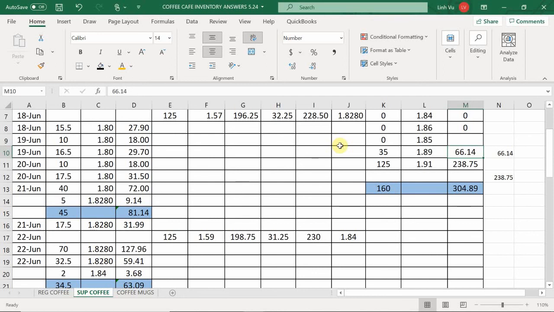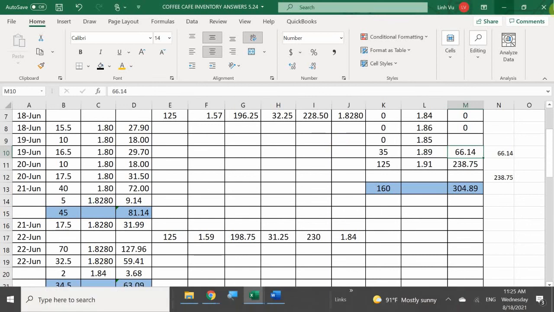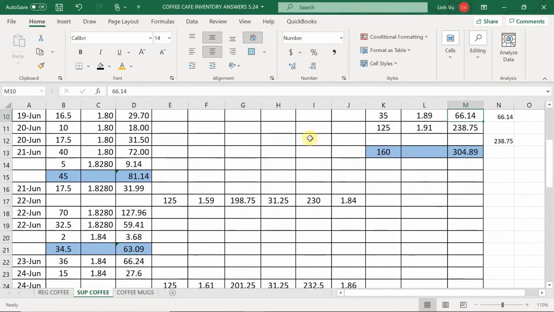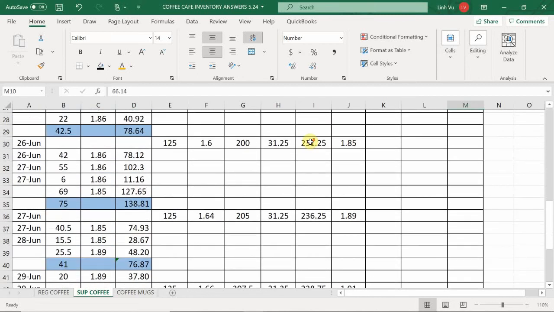We basically transferred the whole entire penny into the cost of goods sold between those extra dates. So there you go, 66 and 14 cents should be what you should actually have instead of 66.15. So there we have it.